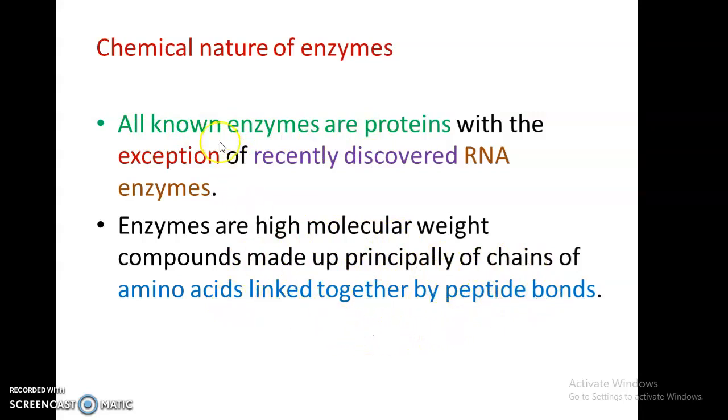Proteins are made of amino acids by peptide bonds. Two amino acids bond together by peptide bonds and finally form a protein. And enzymes are proteins. Therefore, the building blocks of enzymes are amino acids.